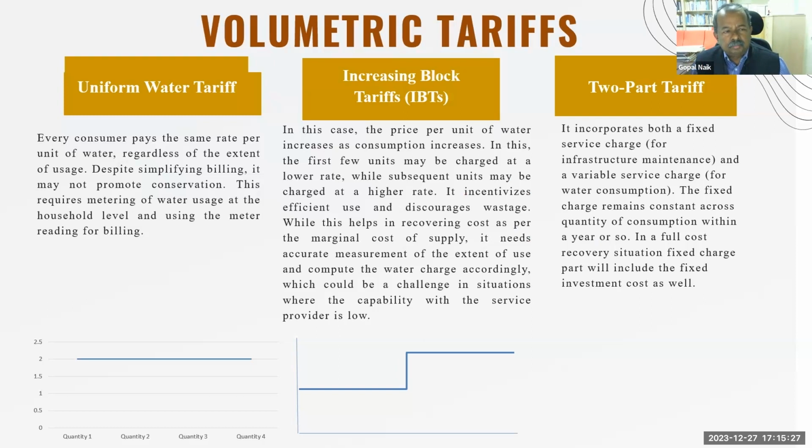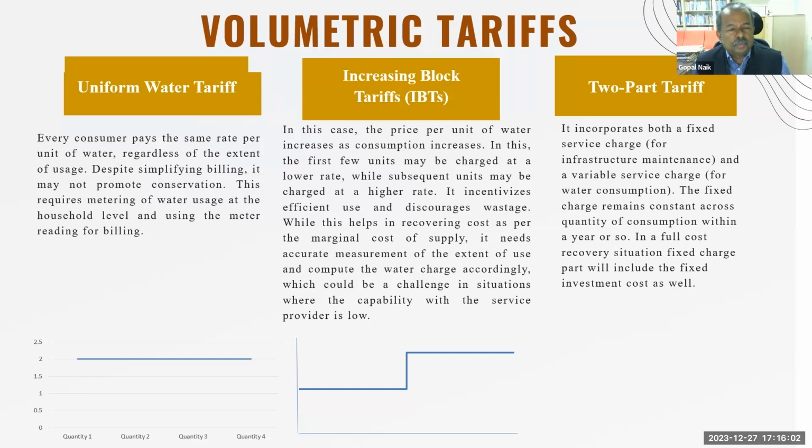That means the per unit rate of water remains the same regardless of extent of usage. This simplifies billing, so you don't have to do more computation. It's a simpler computation to arrive at the billing, and therefore it may be useful as you are in an initial stage of operations.